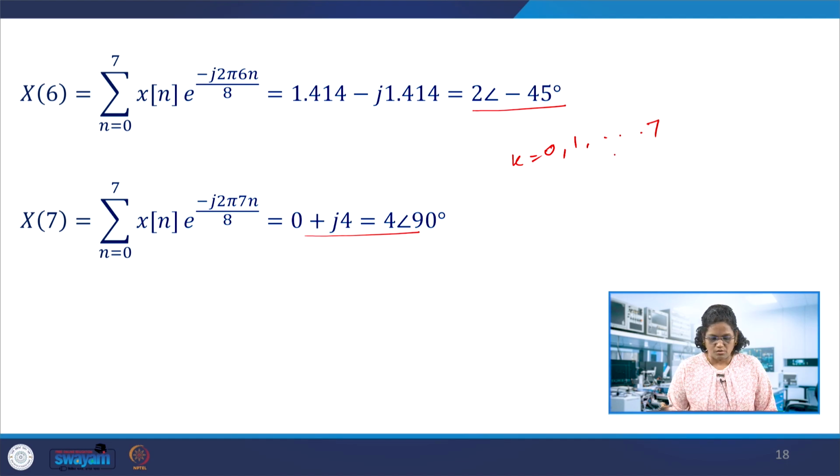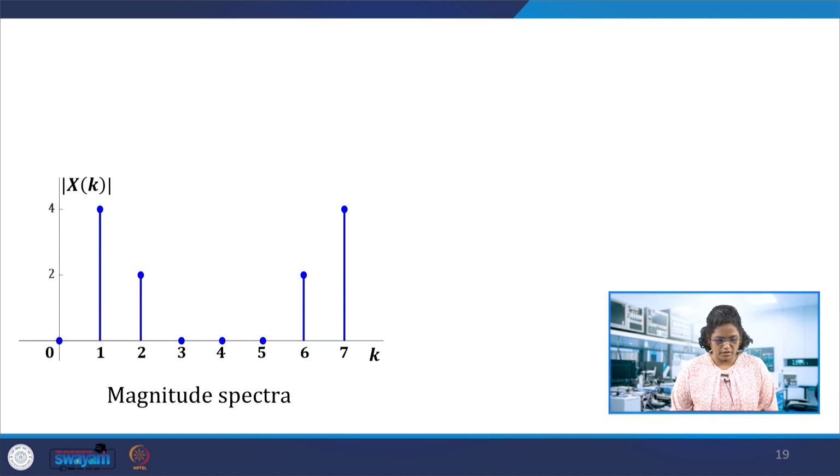Okay. So what are the components which we actually had from this magnitude spectra? You can see 0, 1, 2, 3, yes, fundamental is shown and second harmonic is shown. Third harmonic is not present, 4 is not there, 5 is not there, and 6 is present, and 7 is present. So here we have the 0 to N by 2 independent terms, that is 8 by 2, 4.